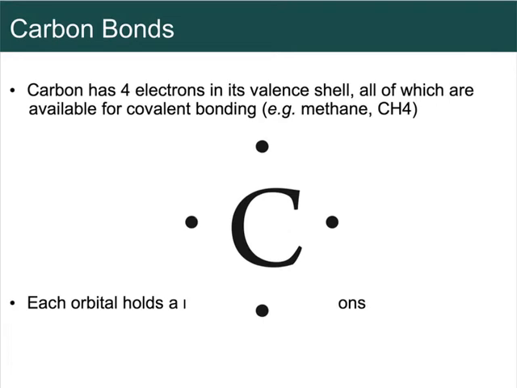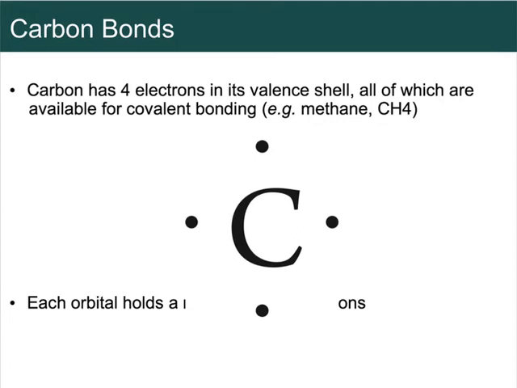Carbon is a really cool one. Carbon has 4 electrons in the valence shell, so it can make a lot of really neat bonds, and that's what makes carbon so cool. Each orbital can hold 2 electrons, right?